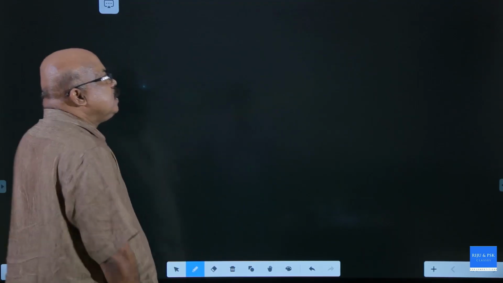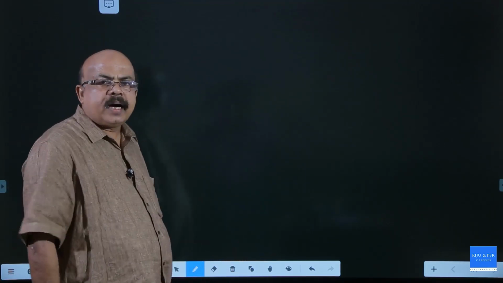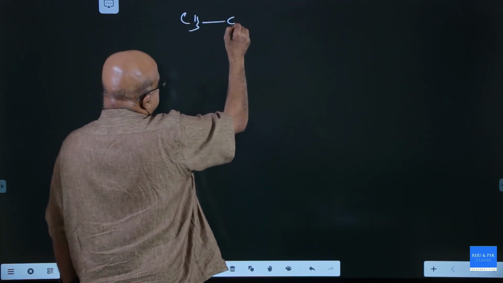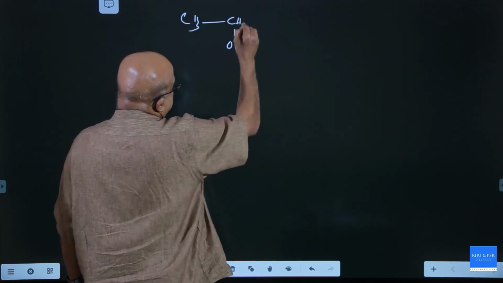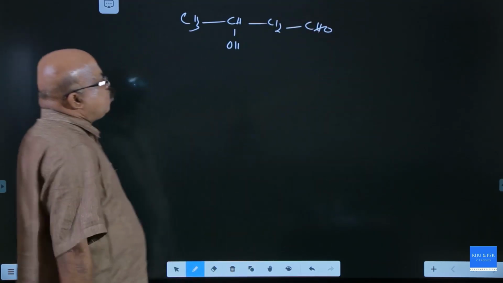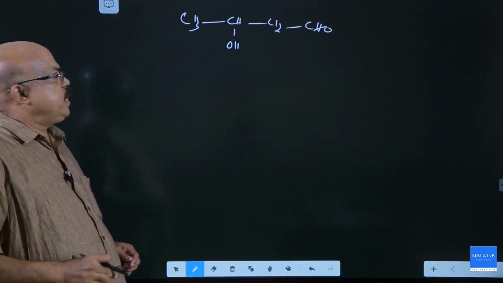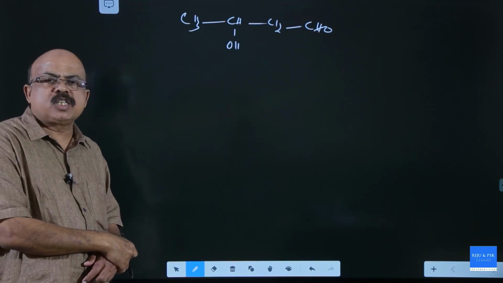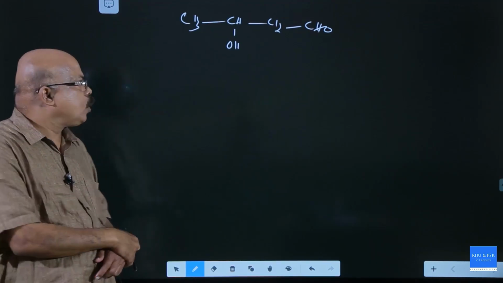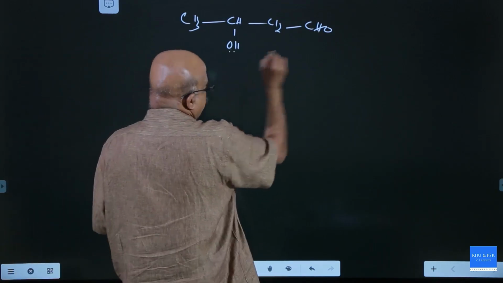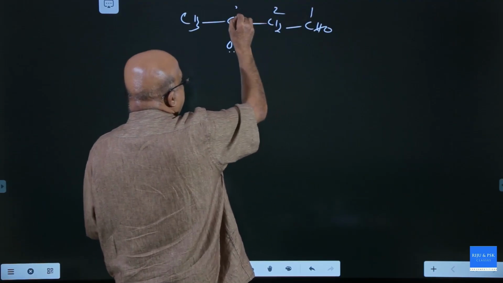If OH group is acting as a substituent, then that group is called a hydroxy group. Here there are 2 functional groups, CHO group and OH group. Here CHO group is acting as principal functional group. OH group is substituent. So it is hydroxy group, 1, 2, 3, 4.